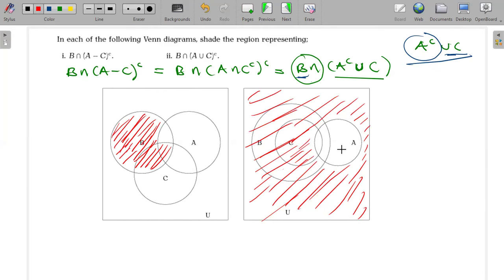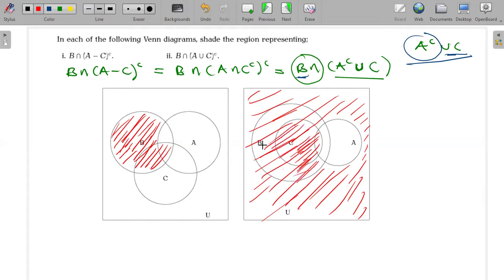Union C just means even those elements that are in C, let's put them together also. So I'll shade this part here of C, if you look at where C is ending, it's ending there. So I'll shade also that part of C there, like that.